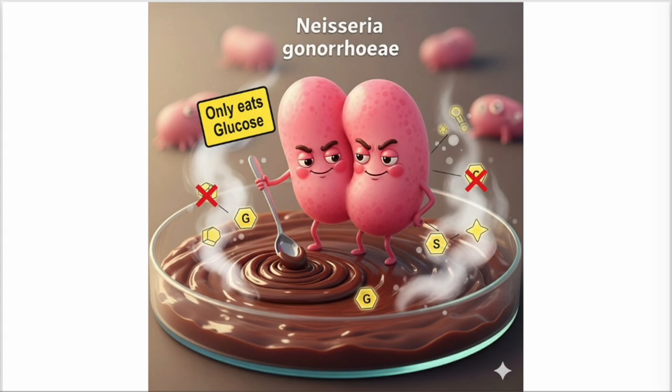In terms of growth, they're fastidious and capnophilic, so they need carbon dioxide. You're going to see variable growth on blood agar. They really like to grow on chocolate agar, which we know isn't actually chocolate, right?